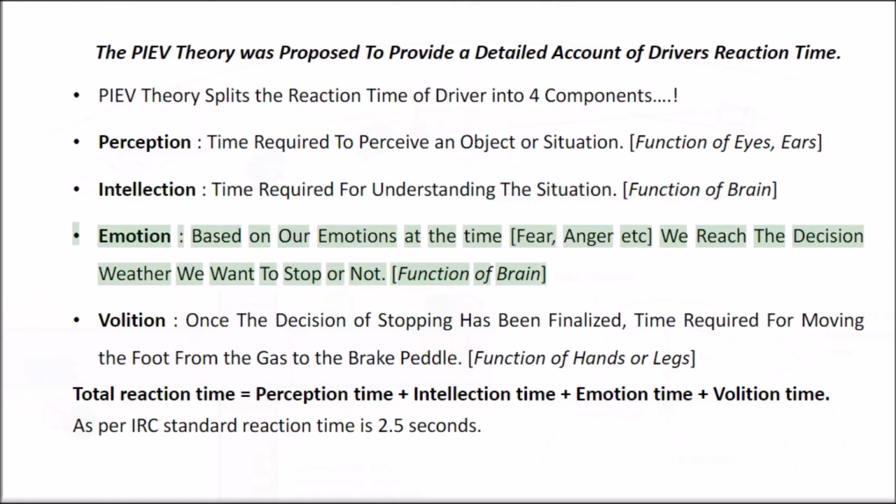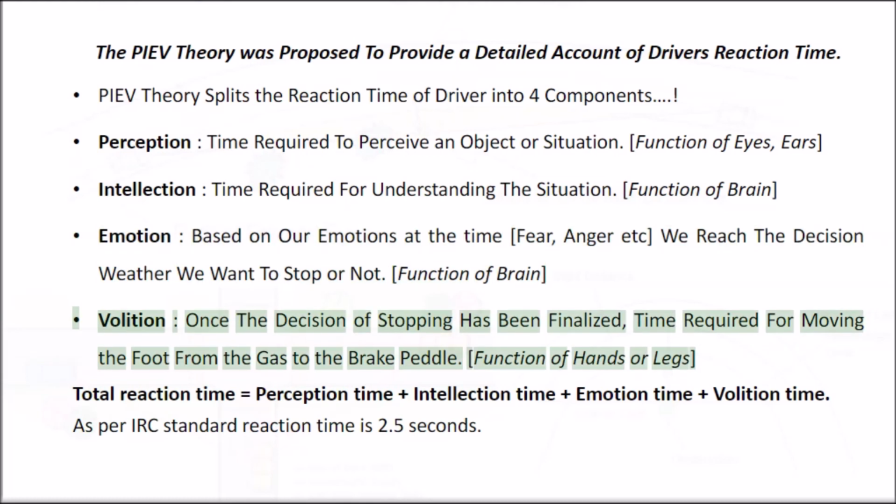Emotion: based on our emotions at the time, fear, anger, etc., we reach the decision whether we want to stop or not. Function of brain. Volition: once the decision of stopping has been finalized, time required for moving the foot from the gas to the brake pedal.